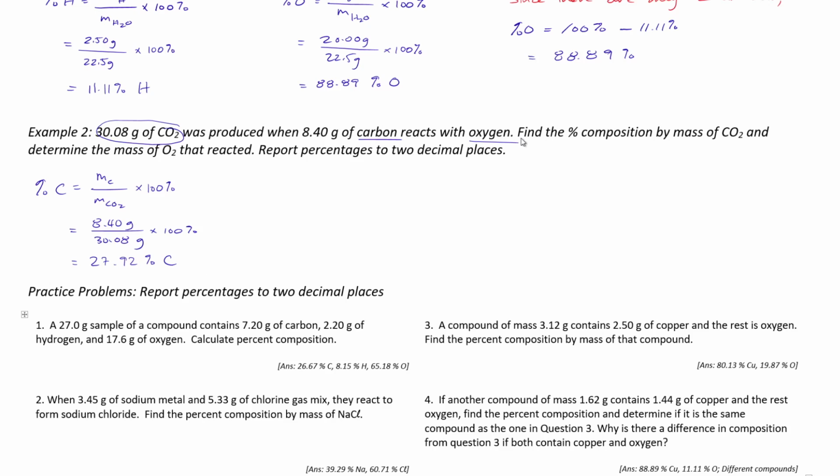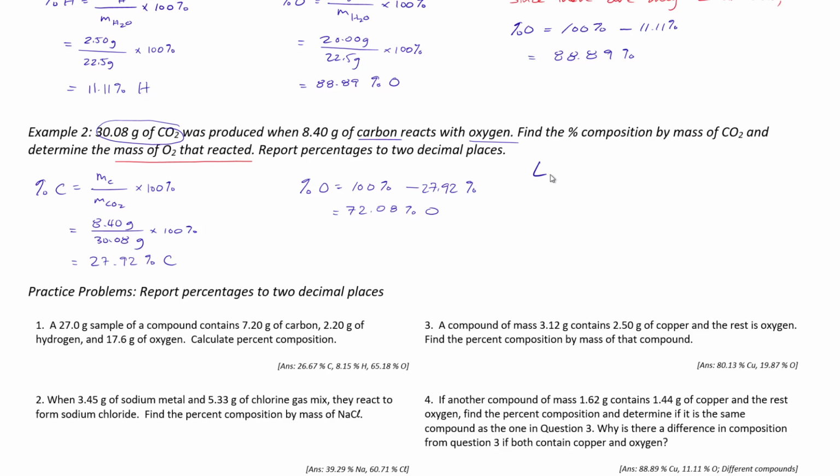Now again, since there's only two elements here, I can just say the percentage of oxygen is equal to 100% minus 27.92%. And so the percentage of oxygen is equal to 72.08. The question, however, also asks me for the mass of oxygen that reacted.